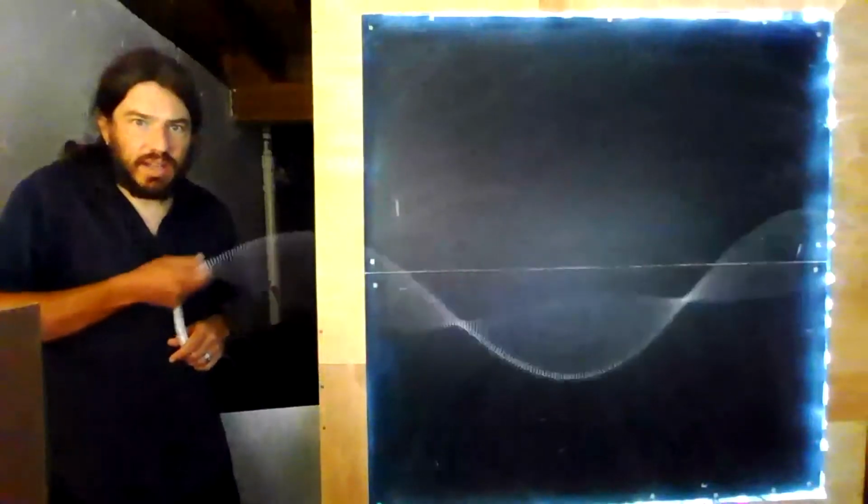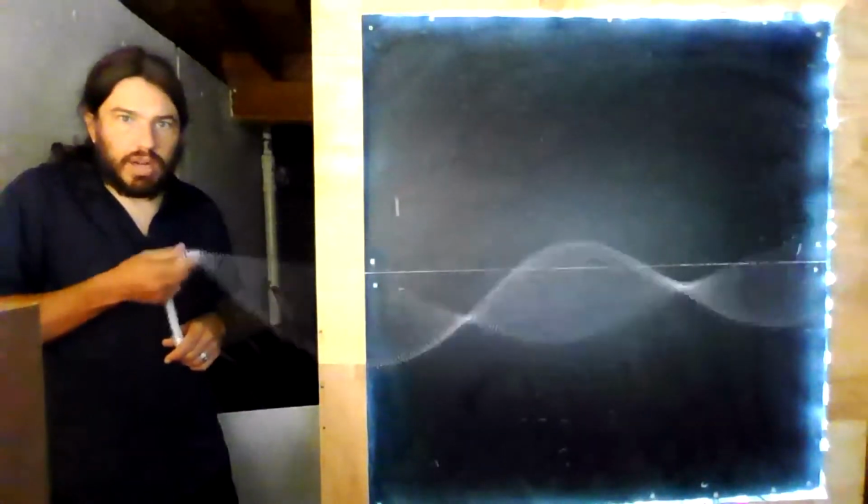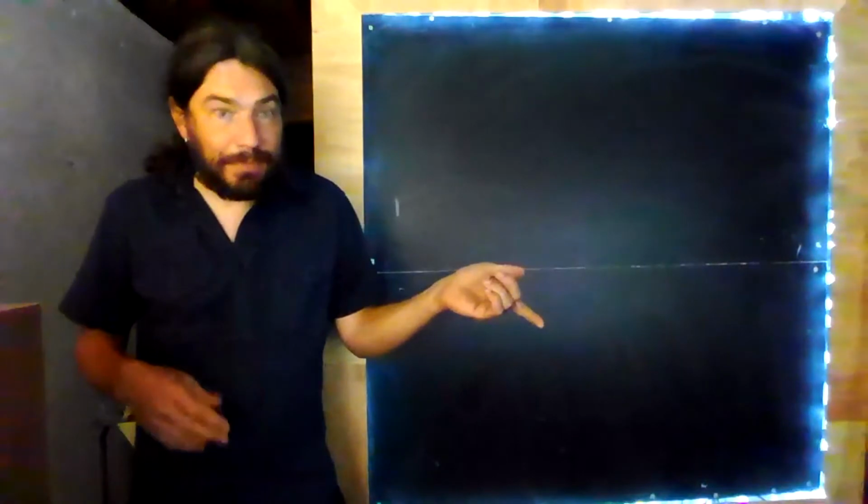If I wiggle a little bit faster, there is the 3 lumper. If I wiggle a little faster, oh my gosh, there's the 4 lumper, right? So at any rate, I get an integer number of half wavelengths in order to form these nice standing wave patterns. That's what happens when you put a wave in a box.